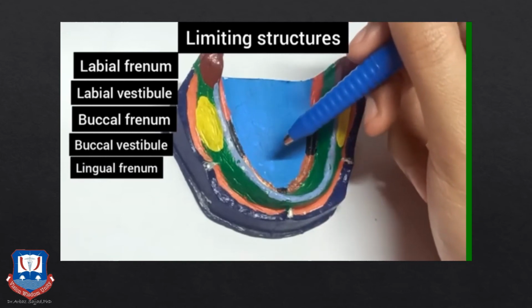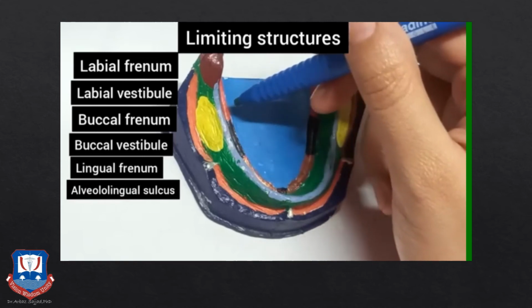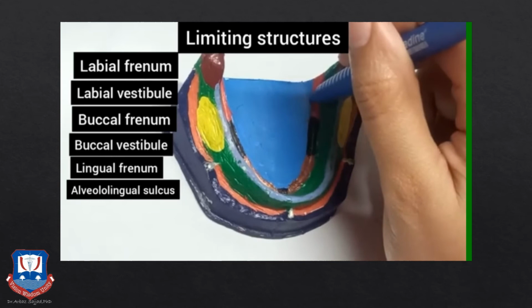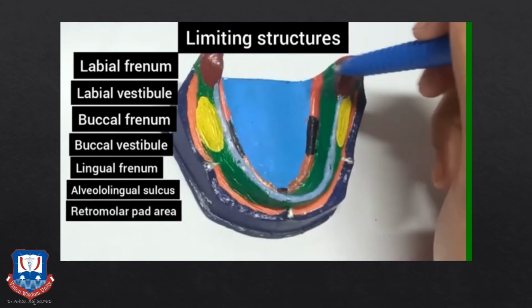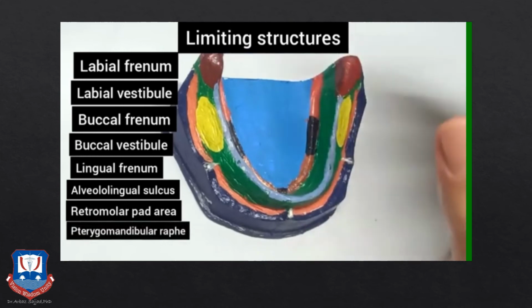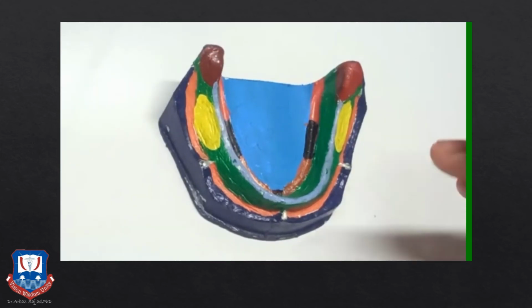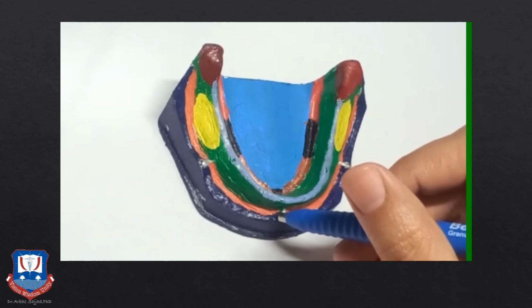Now, on the inside, lingually, we have the lingual frenum, and on either side of the lingual frenum, we have the alveolingual sulcus, which extends up to the retromolar pad. This is divided into three parts: anterior, middle, and posterior alveolingual sulcus. Then on the terminal part, the distal part of the denture, we have the retromolar pad area. Medial to the retromolar pad area, we have the pterygomandibular raphe.